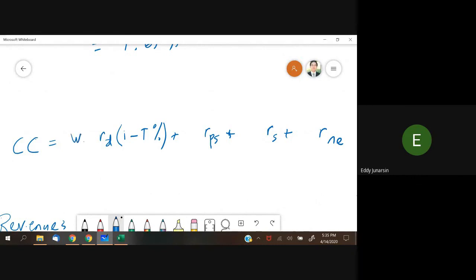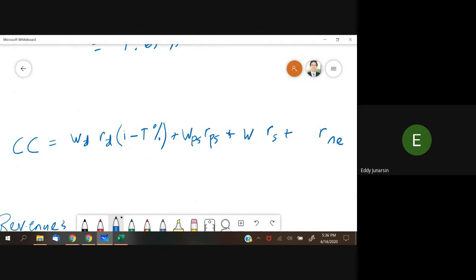Right? How much financing comes from debt, right? For example, on the right side of our balance sheet. So how much debt constitutes the total capital that we have, and then how much for preferred stock, if any, right?